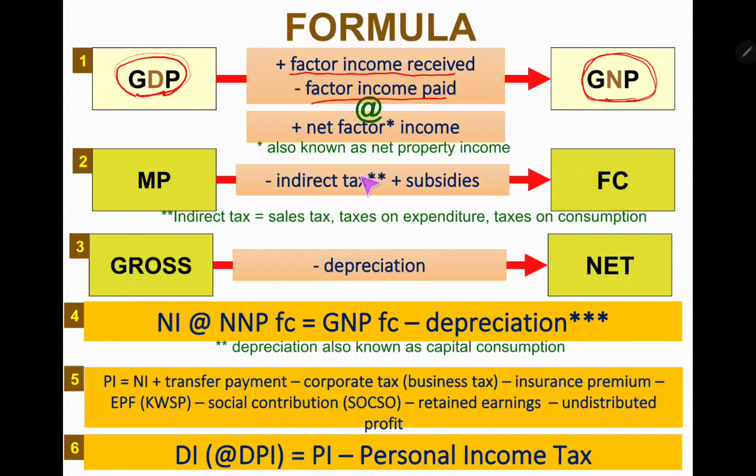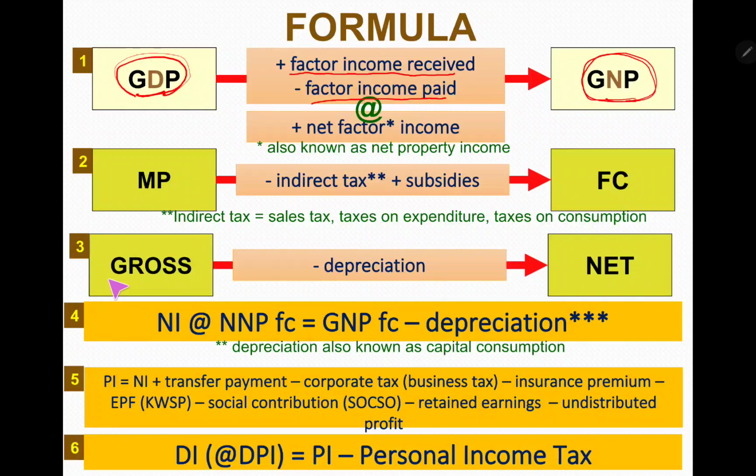So if you cannot find the terms indirect tax, try to look for sales tax, tax on expenditure, or tax on consumption, because indirect tax refers to tax that the burden can be shifted to the other person and normally occur when you buy goods and services in the market. Okay, for example, GST and SST is part of this indirect tax.